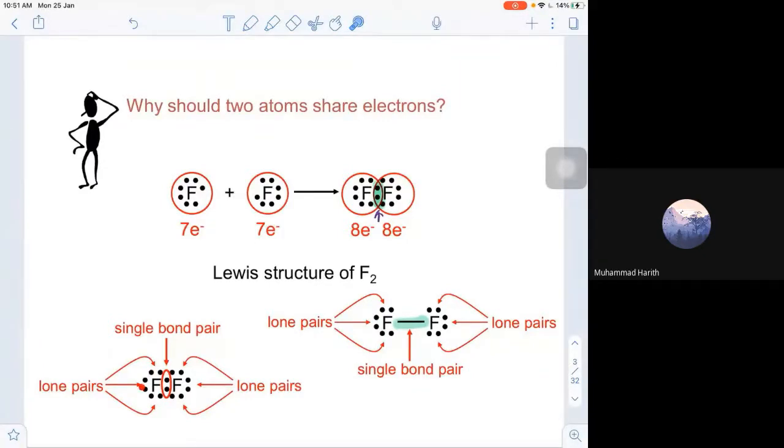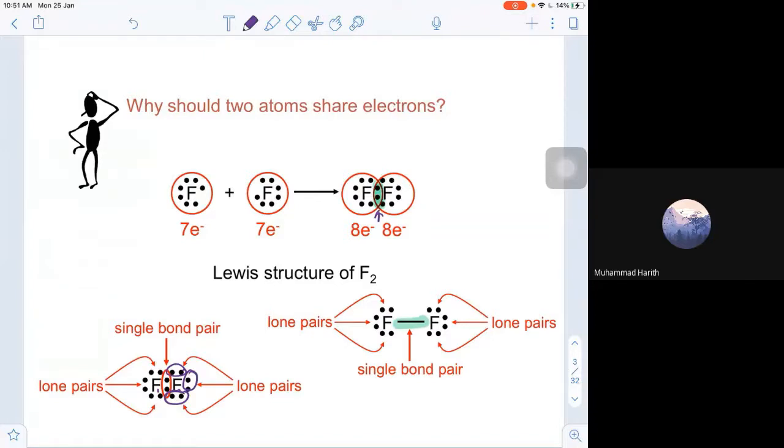So the 3 pairs of electrons that do not involve in bonding in the first fluorine are the lone pairs of the first fluorine. So fluorine 1 has 3 lone pairs. Same goes with fluorine 2: 1 lone pair, 2 lone pairs, 3 lone pairs around it.